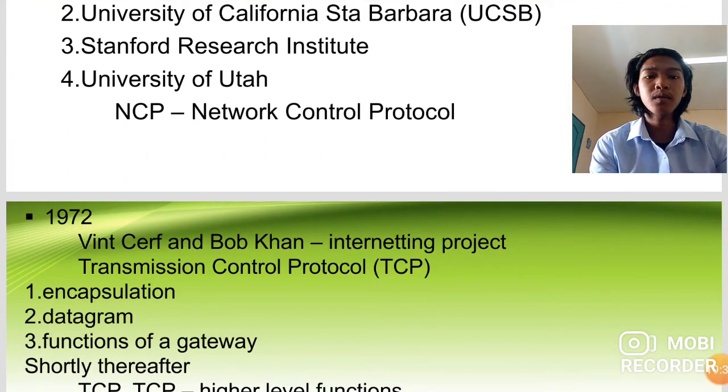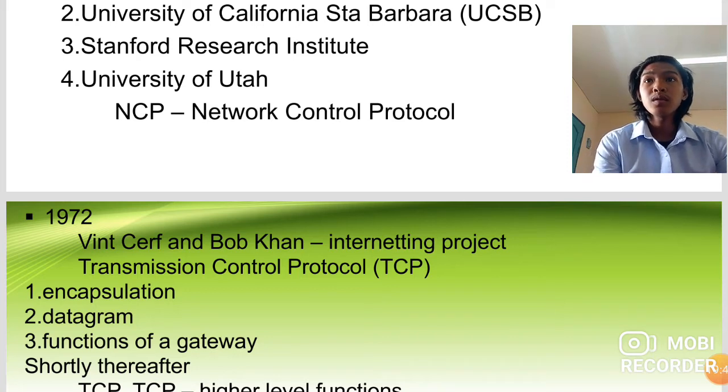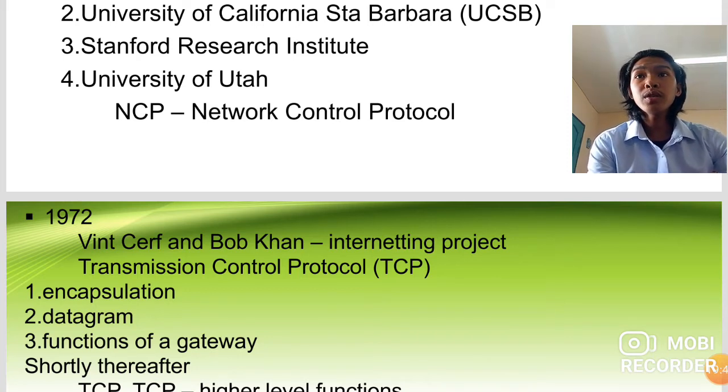1972, Vincent Cerf and Bob Kahn, Internet Project, Transmission Control Protocol. Itong dalawang ito naman, in collaboration with Vint Cerf, a computer scientist, created the Internet architecture which allows multiple heterogeneous networks and their computers to communicate with each other.